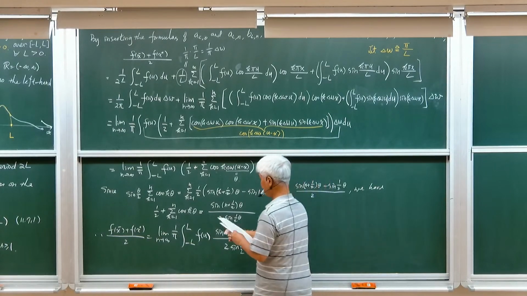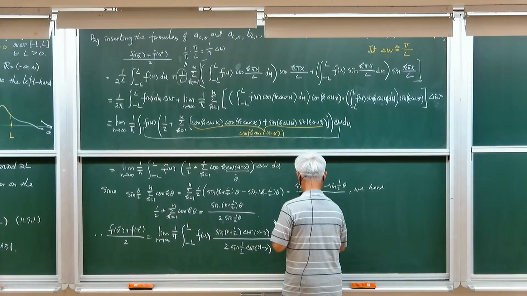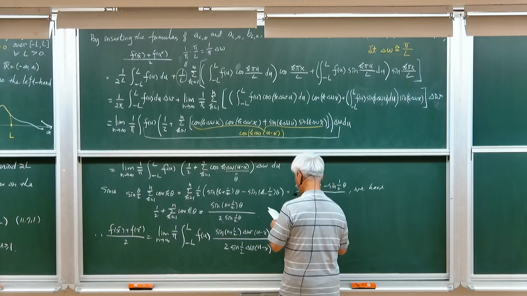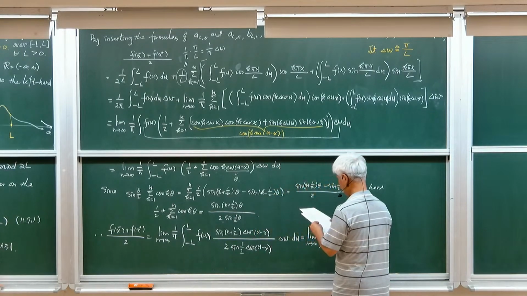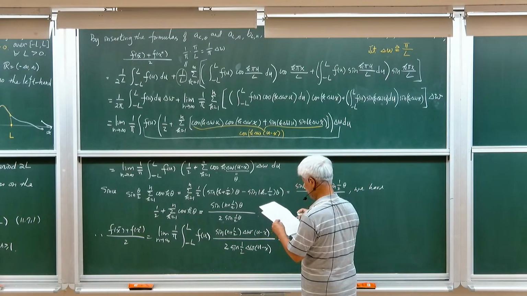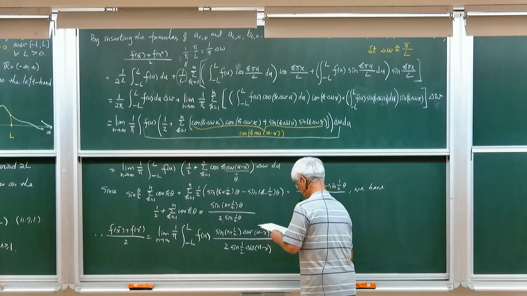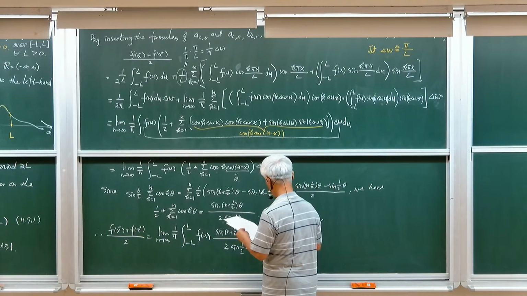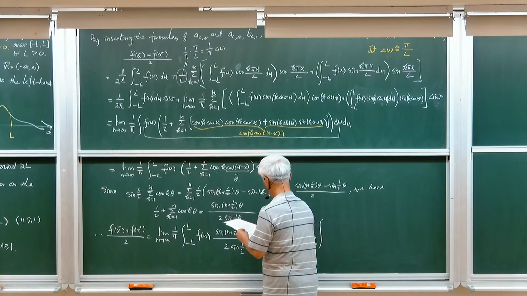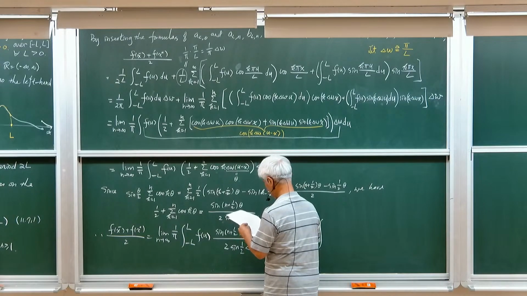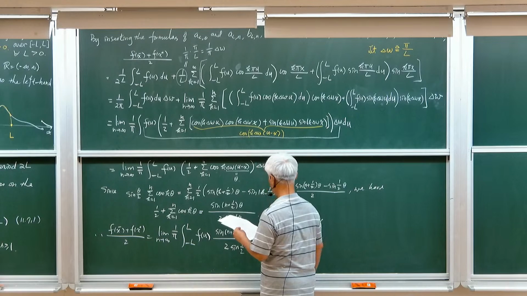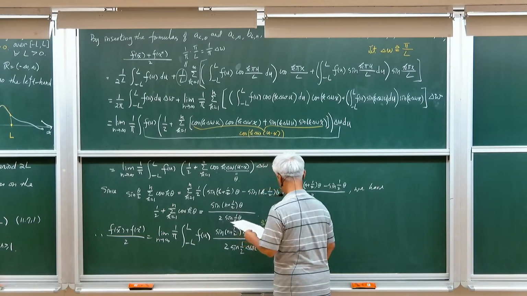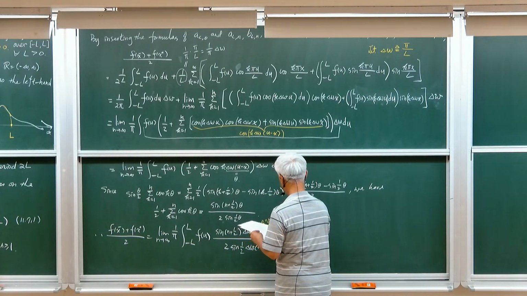Now we can simplify those things by change of variables. We define a new variable we call v, so that u equals v plus x.